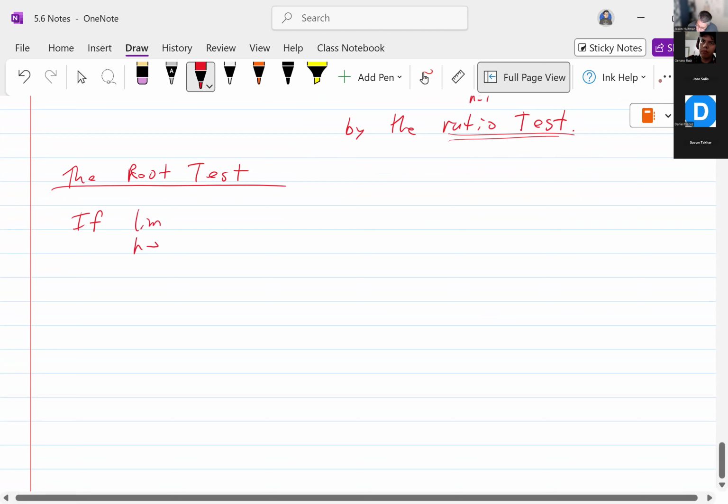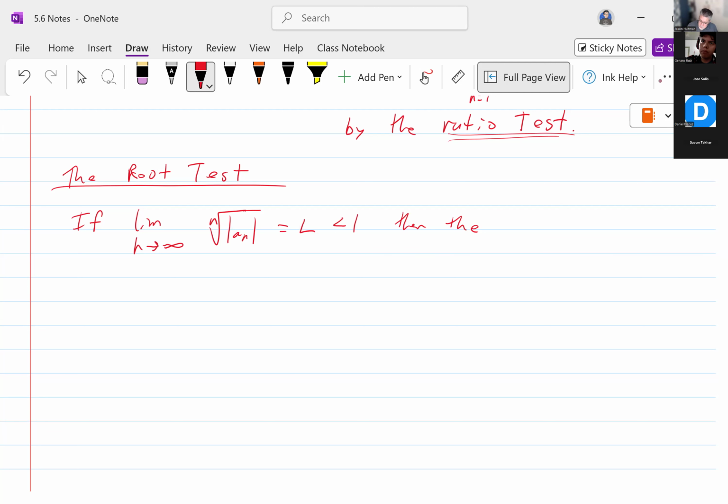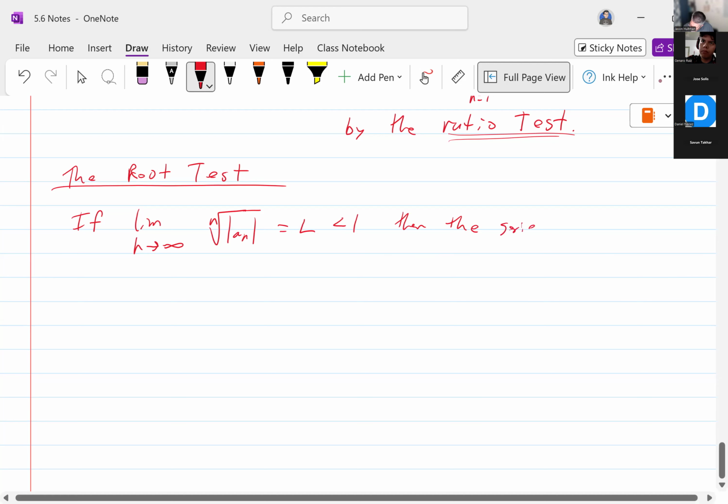If the limit as n goes to infinity of the nth root of the absolute value of a sub n is equal to some limit L which is less than 1, then the series summation a sub n is absolutely convergent, thus convergent.